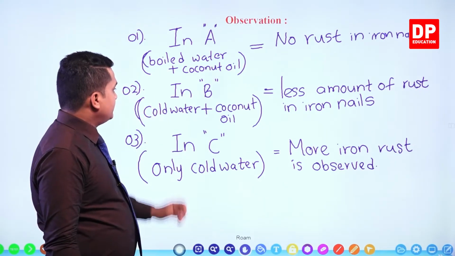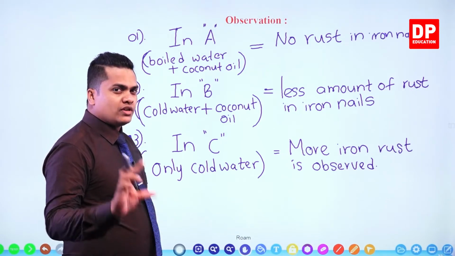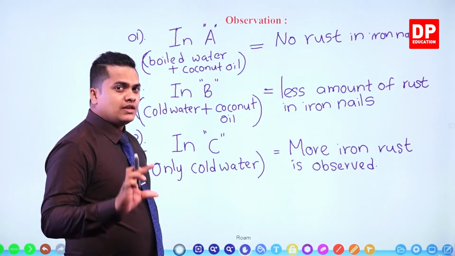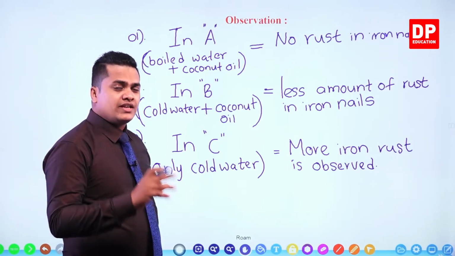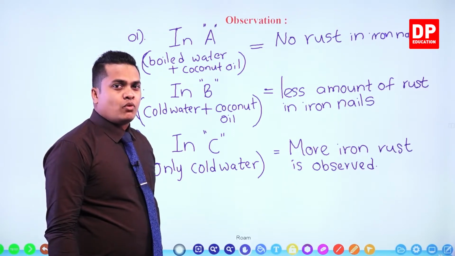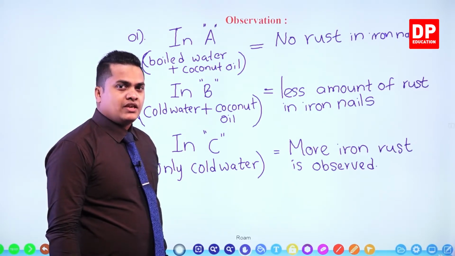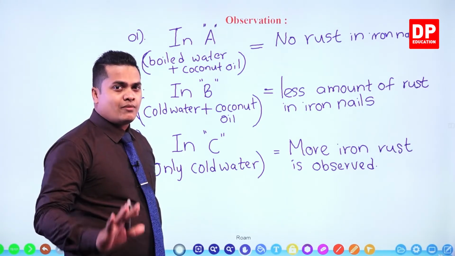The second one, in B, when you are adding cold water, there is some amount of gases or air particles which is already dissolved in the water itself. Because we are not boiling the system. If you are going to boil it, then that gas is going to evaporate.